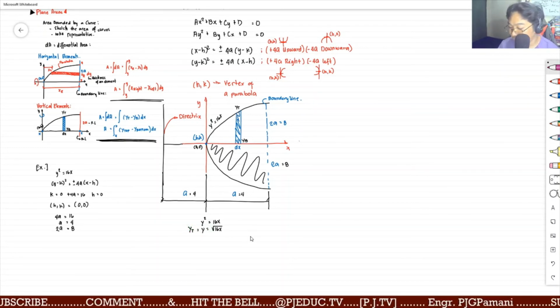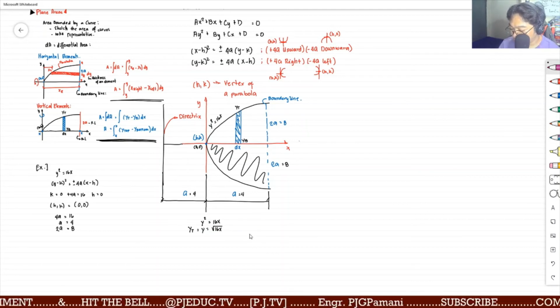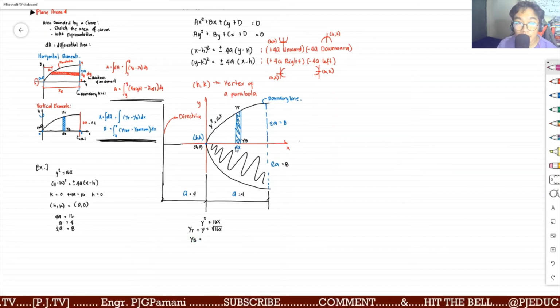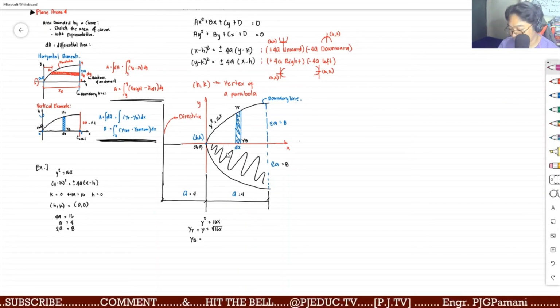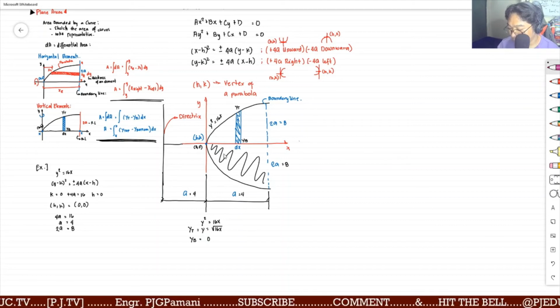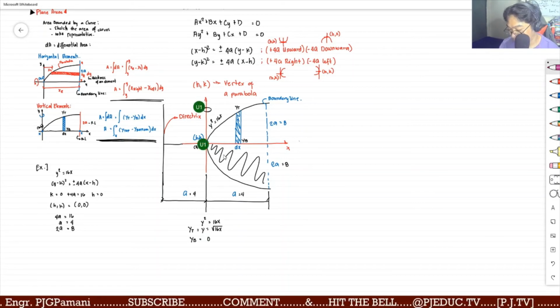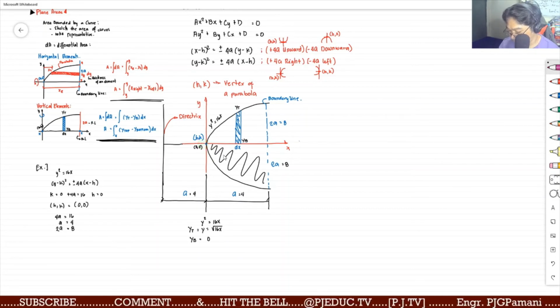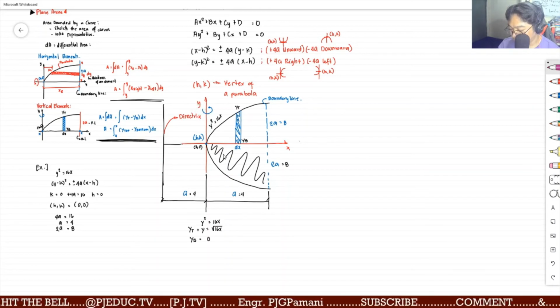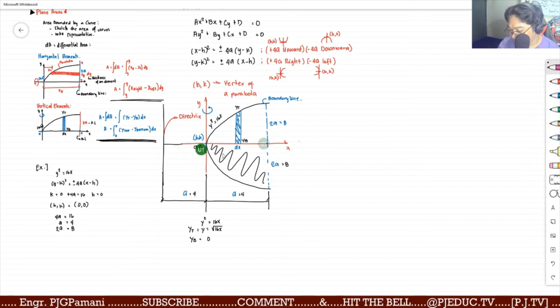Y top is the square root of 16x, while y bottom or lower hand of the strip is the x-axis, which is at the origin, so that is simply equal to 0. Then our limits: considering that this strip will rotate along the y-axis, the revolution or the rotation will start at this point and will end at this point.